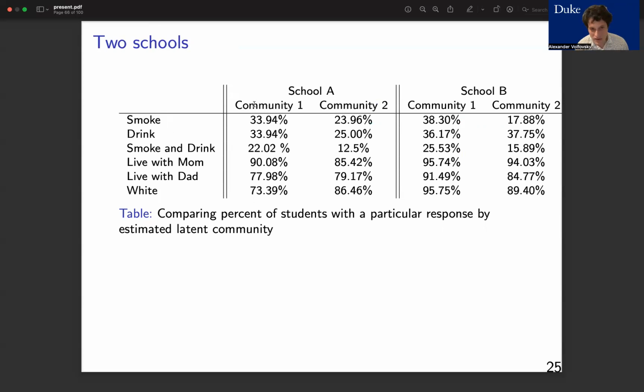It's not like everybody in community 1 is a smoker and nobody in community 2 is a smoker. These seem to be fairly mixed communities in both settings. This does suggest that we're identifying some kind of latent behavior in these communities rather than just capturing some kind of predictor.